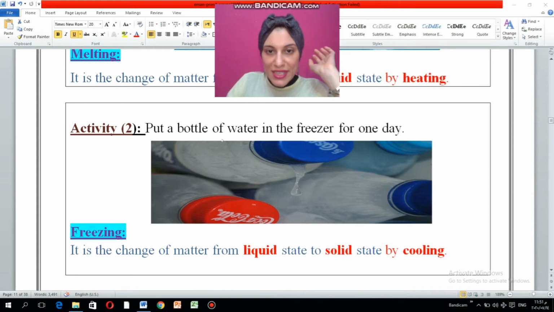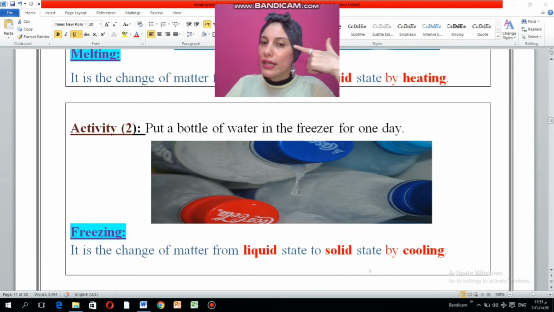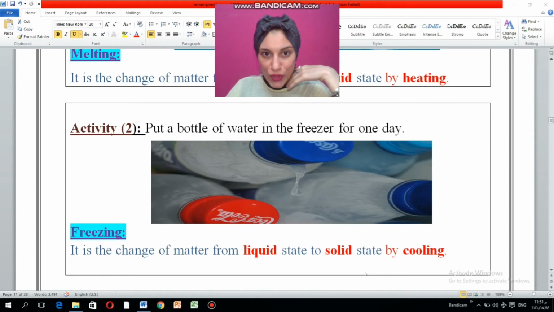So this process اسمها ايه؟ اسمها freezing process. يبقى اقدر اقول الديفينيشن بتاع الفريزنج بروسيس هقول ايه؟ It is the change of matter from liquid state into solid state by what؟ انا حطيتها في الفريزر، يبقى انا عملت لها heating or cooling؟ عملت لها cooling.